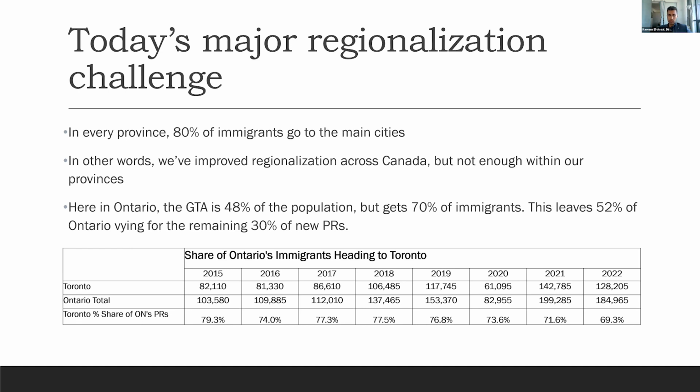The GTA, the Greater Toronto Area, comprises roughly half of Ontario's population. And so, in theory, the proportionate amount of newcomers that should be heading to the GTA is about 50% of the newcomers that are welcomed by Ontario. However, again, in recent years, it's been 80%.